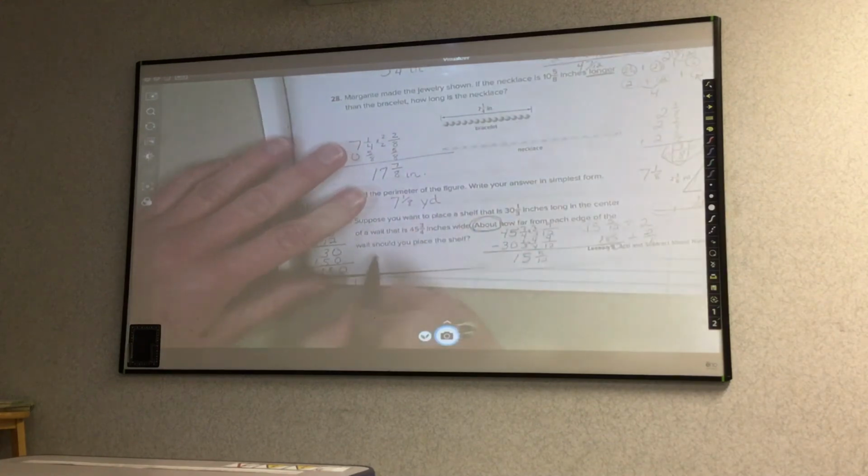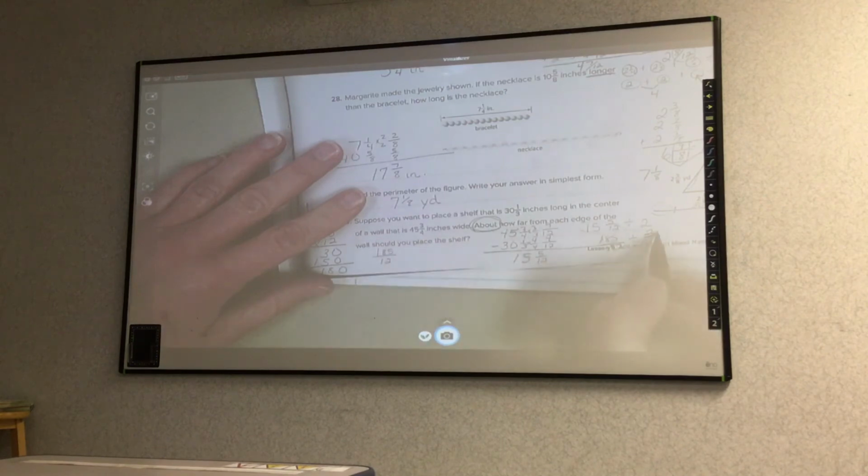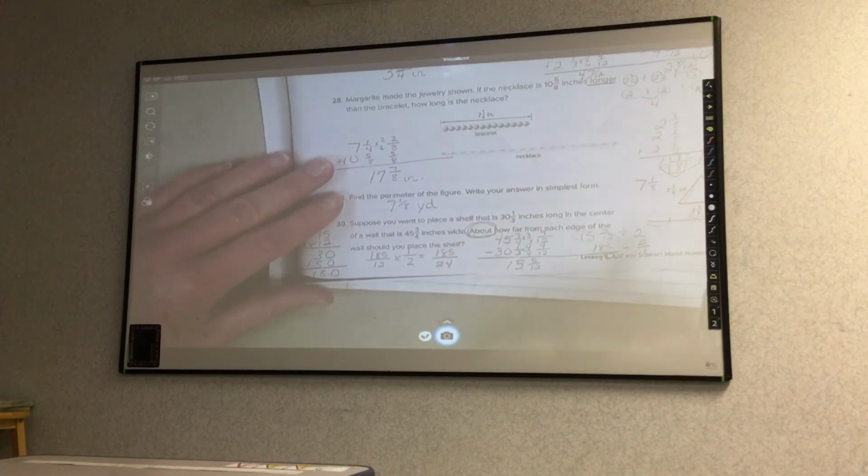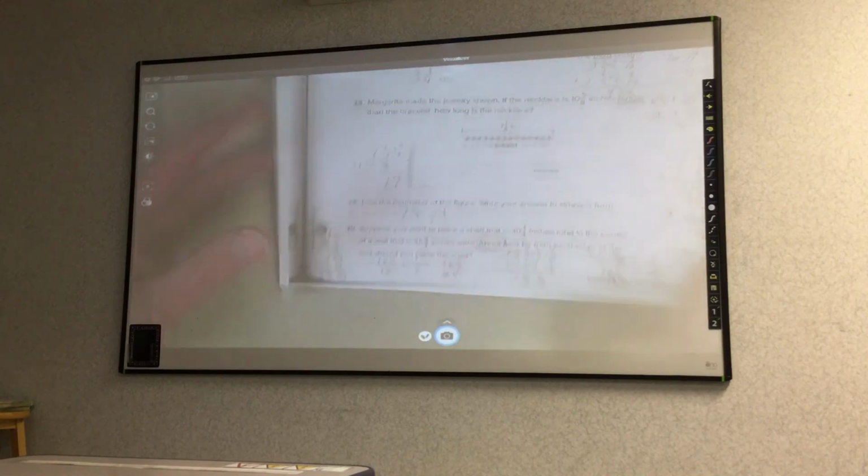So now I have 185 over 12. It was divided by 2 over 1, so now it's going to be times 1 over 2, which would then be 185 over 24.